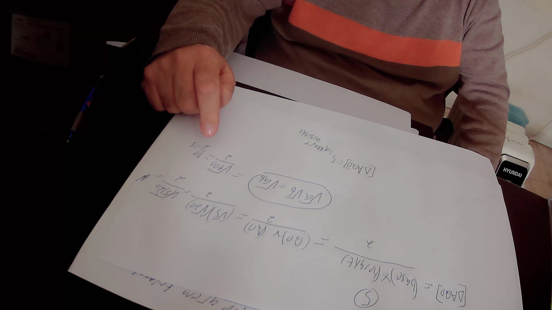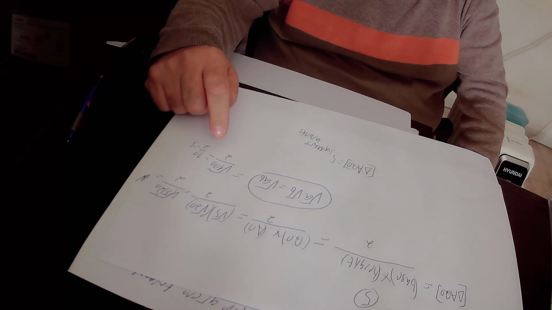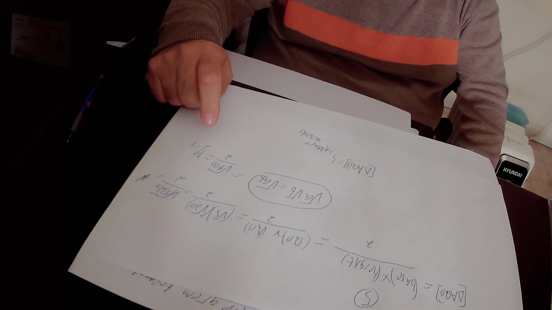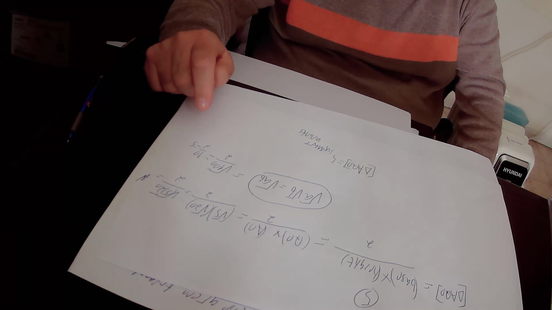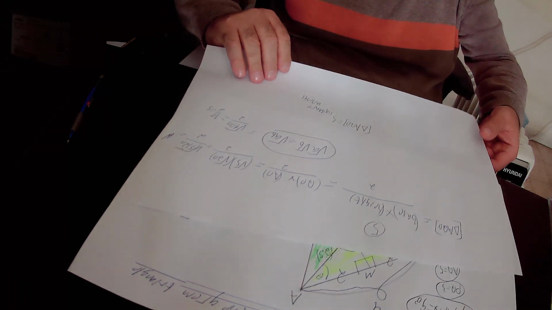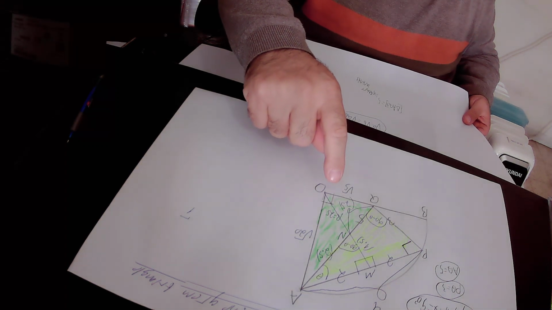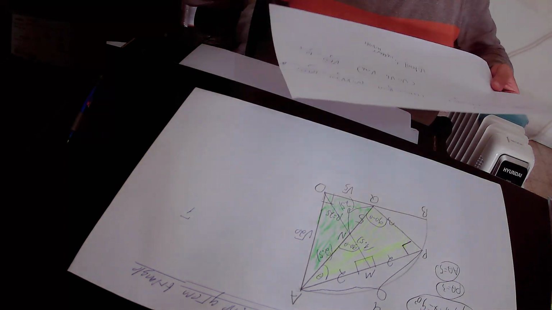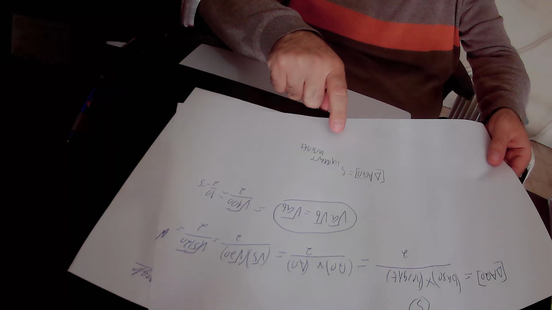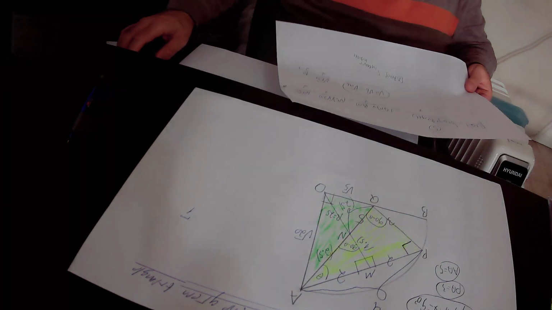So inside the root we have 100 over 2. The square root of 100 is 10, and 10 over 2 is 5. So in conclusion, we found out that the area of this right green triangle AQO equals 5 square units. Okay, thank you very much.